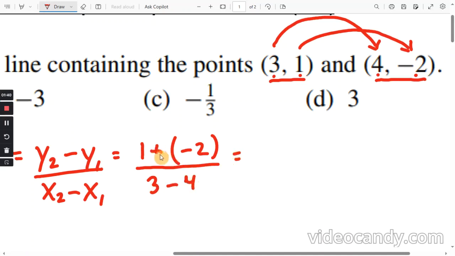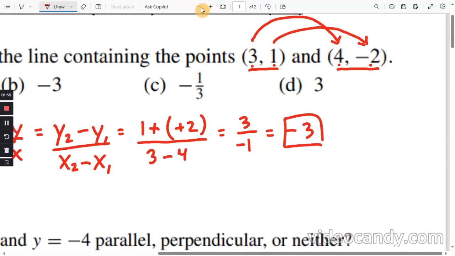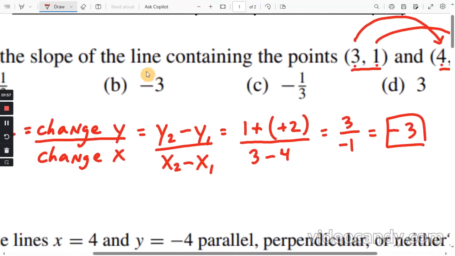All right, 2 negatives make it positive, and 1 plus 2 is 3. 3 minus 4 is -1. And 3 divided by -1 is -3. So that is answer B.